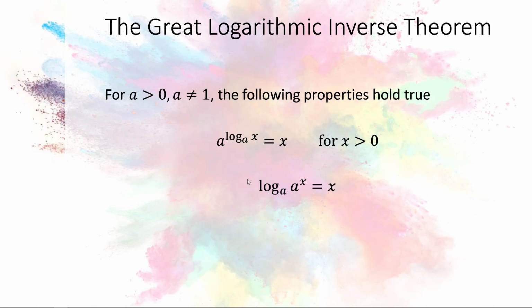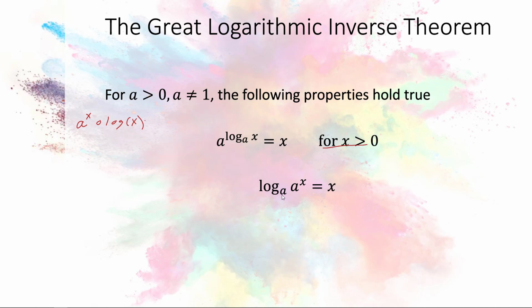And that really is nothing more than the composition of a to the x with log of x. Okay, and notice that this only applies for the case where x is greater than 0, because that is the domain of the logarithm.